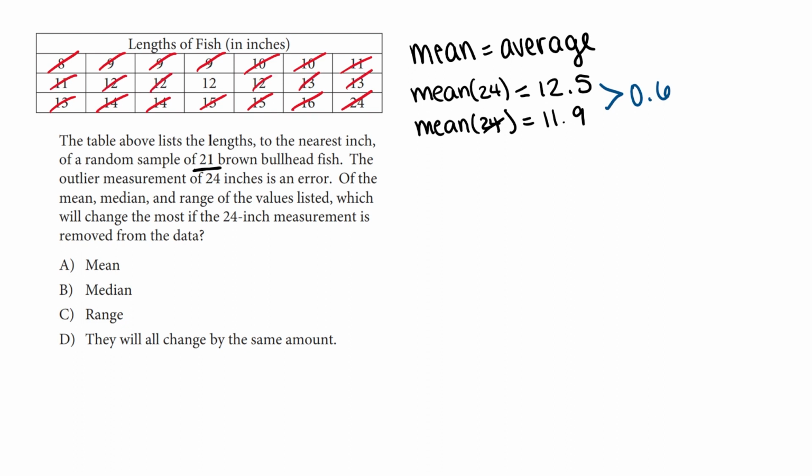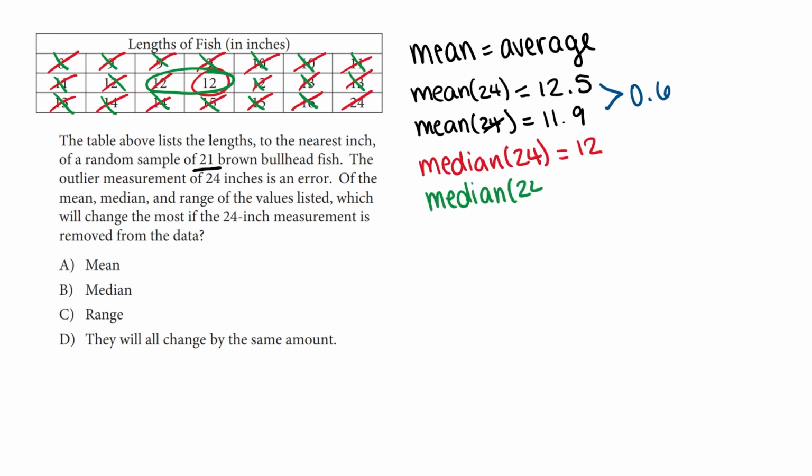So the median with 24 is 12. Now when we exclude 24, we're left with our two 12s in the middle. We take the average of that, which is also 12. All right, so our median doesn't change, so that can definitely be taken out because our median stays the same whether we include the 24 or we don't.